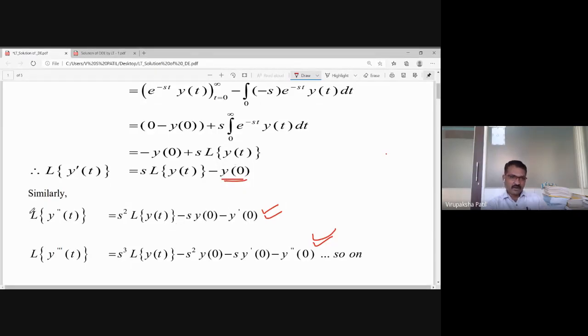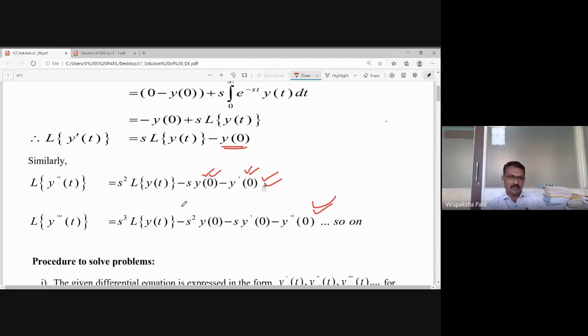If it is a second order differential equation, they will give the value of y and the value of y dash at t equal to 0, or t equal to some one value. If it is a third order differential equation, they will give y at 0, y dash at 0, y double dash at 0.